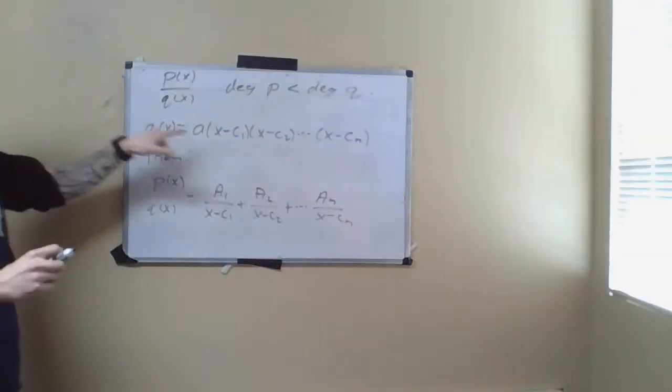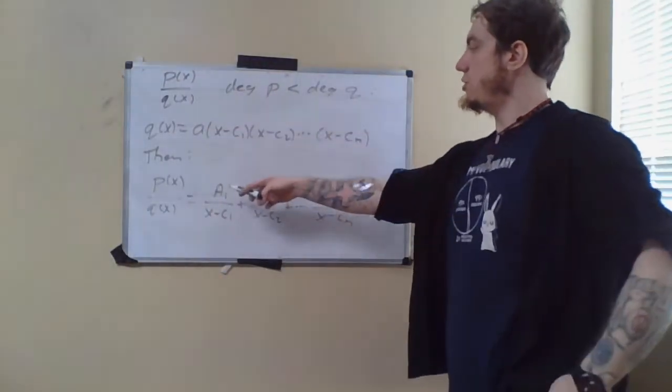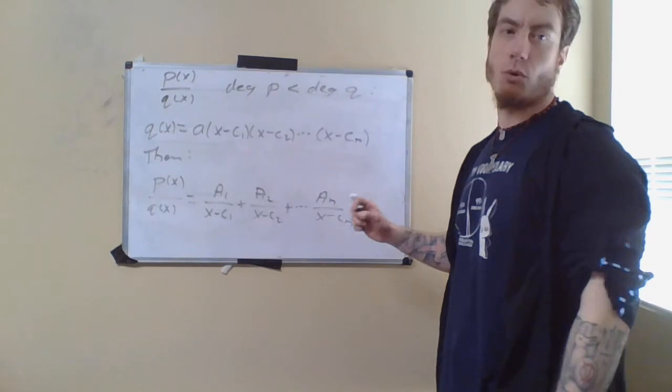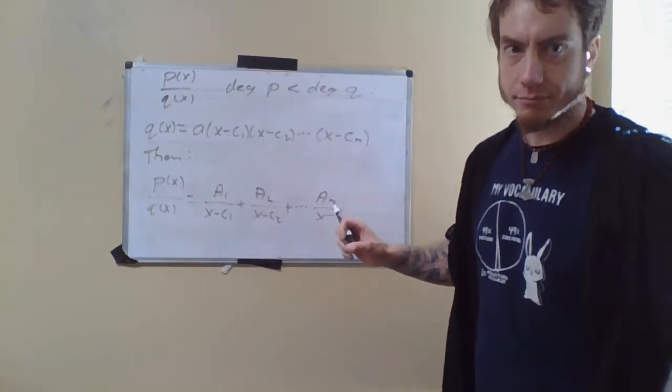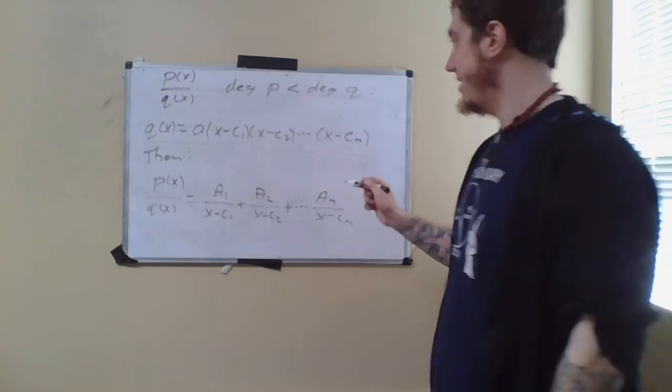So if the denominator factors into a bunch of linear factors, then you can always break up the integral this way, as long as none of these factors are repeated.